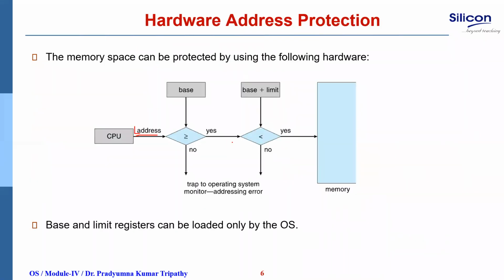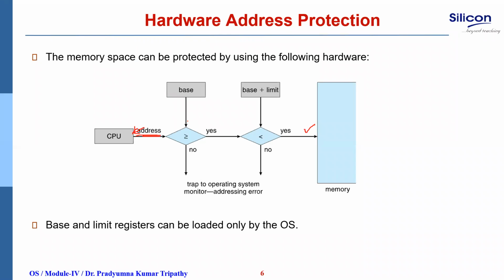I am not talking about the logical address over here, only the address. The address must be greater than base and less than base plus limit. If it is greater than base and less than base plus limit, it is a valid address.